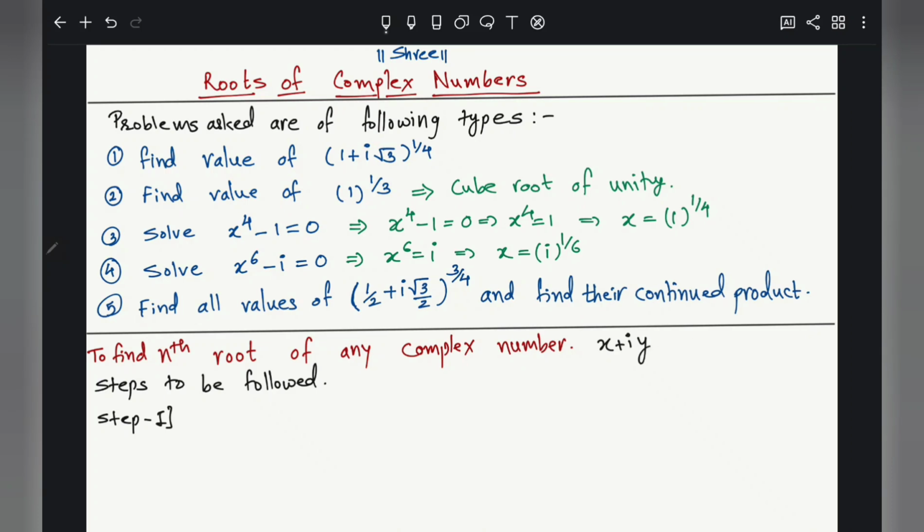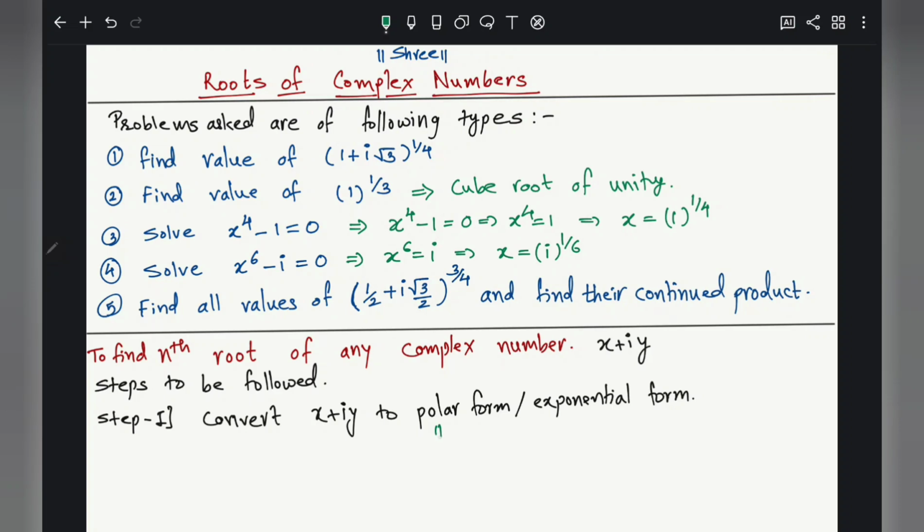So what are the steps followed? So first step is we have to convert our complex number x plus iy to its polar form. You can convert to polar form or you can also convert to exponential form. Okay, as you know, polar form and exponential form are similar. Okay, what is the polar form?